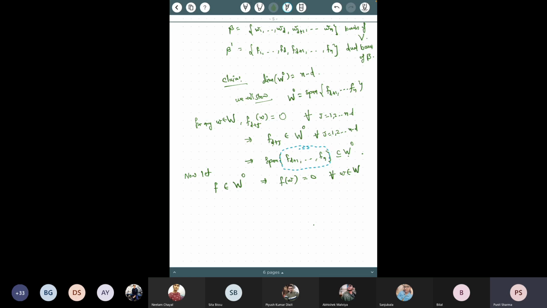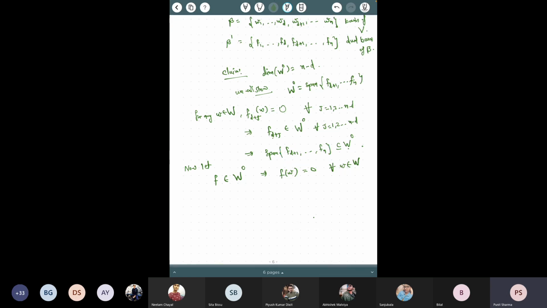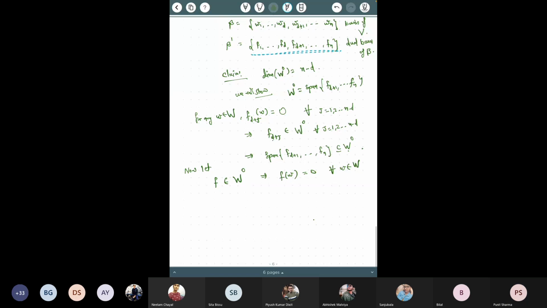See, this f is in W annihilator, right? W annihilator is a subset of V dash, and we have a basis for V dash. So we have to show that this f belongs to the span of this.